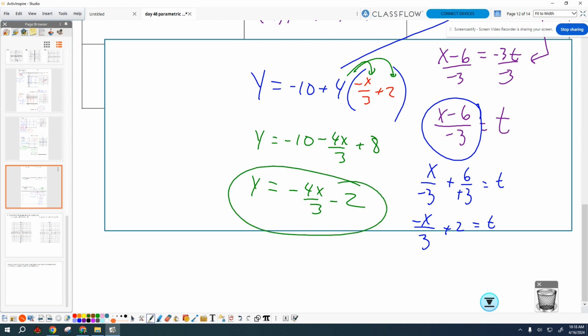It's fine if you said negative 2 minus 4x over 3. It is not okay if you said x equals. I want the y equals when they're straight lines. So I do not want an x equals. Should I say it again? I do not want it as x equals. How do I want the answer written?